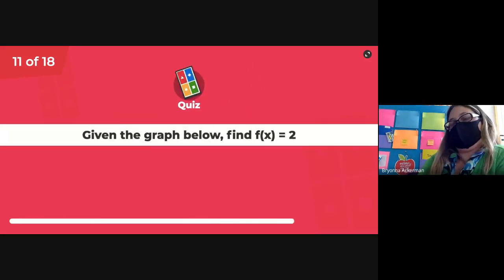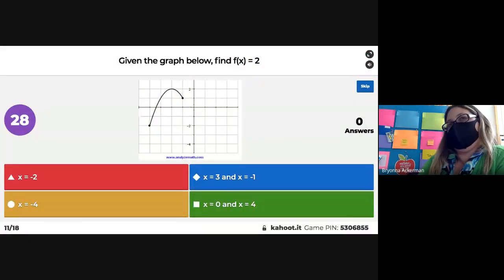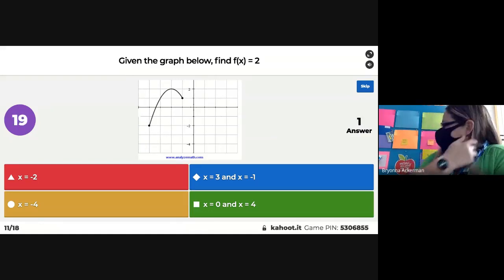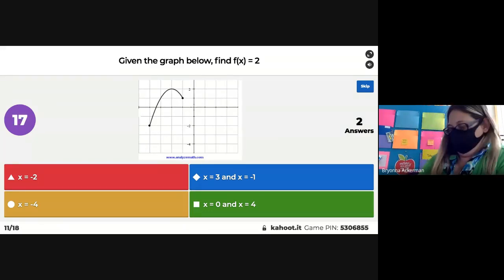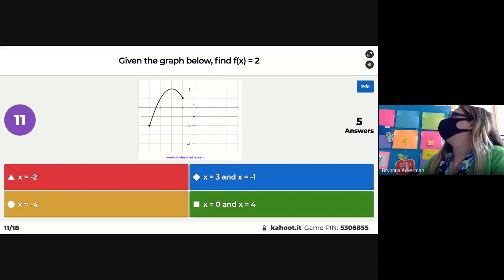Okay, f of x equals 2. The output is 2. What's the input?